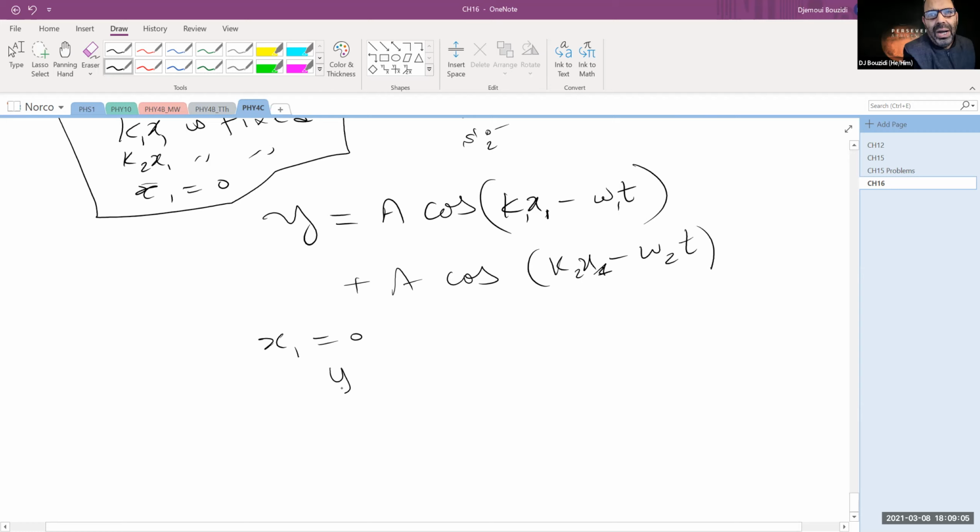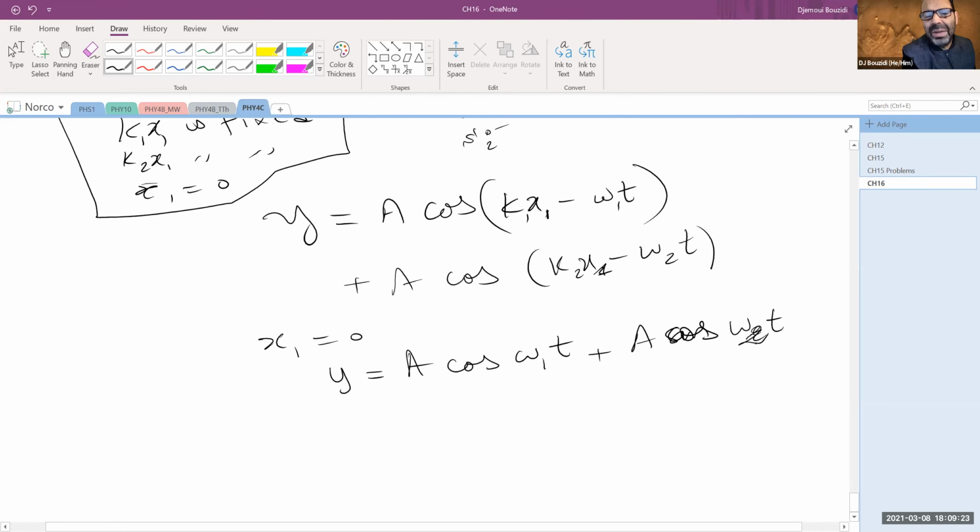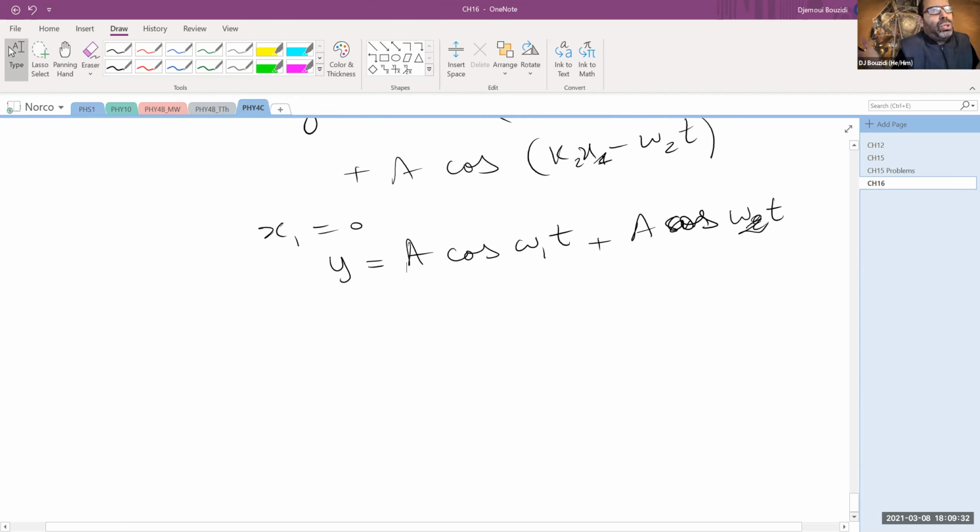Then y is simply y1 plus y2, which in this case is going to be A cosine of omega 1 t plus A cosine of omega 2 t, where omega 2 and omega 1 are two different frequencies for two different sounds, okay? So they have two sources. They don't necessarily have to emit at the same frequency. One of them could be a low pitch, the other one high pitch, doesn't matter.